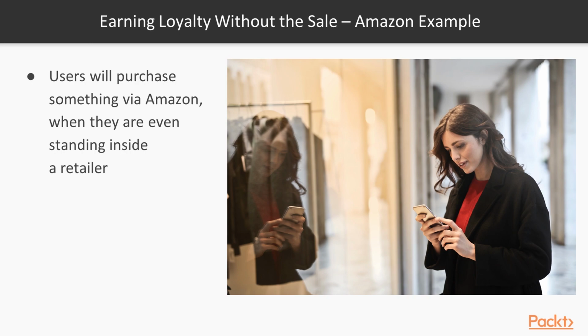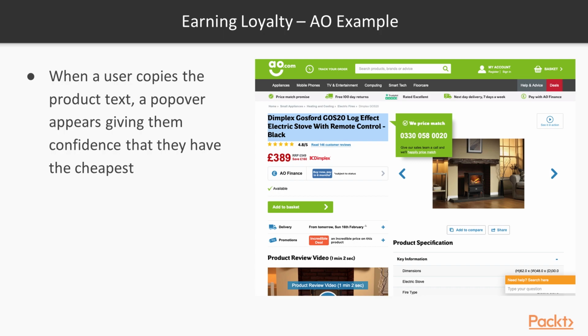Let's have a look at another example of where users are quite happy to be loyal to a platform. We've got appliancesonline.com. These guys sell everything, all the way from fridges right through to a laptop. And they've got a really interesting widget that helps users know they're getting a price guarantee. When looking to see whether something's cheaper, users would often copy the text of the product title and just Google it.